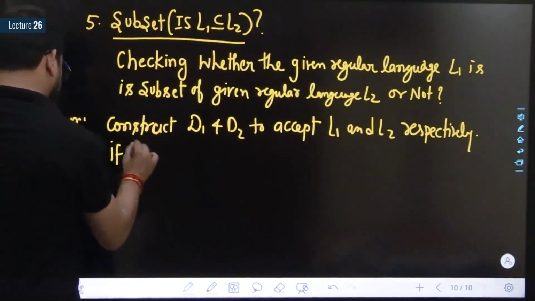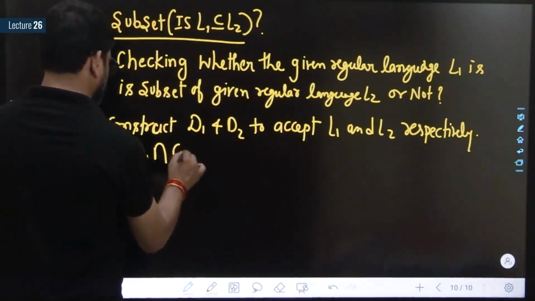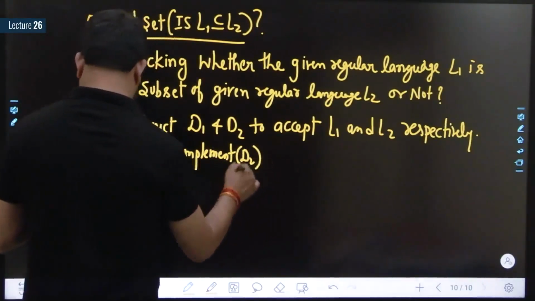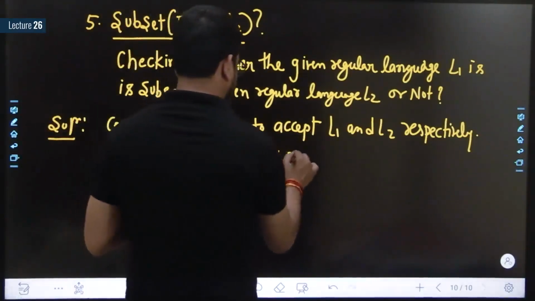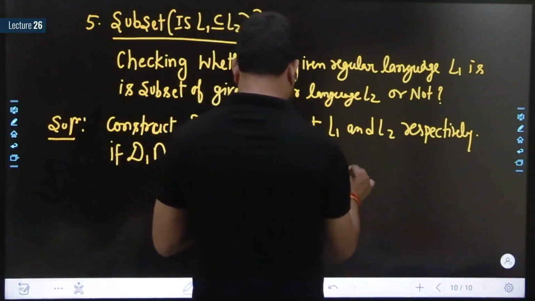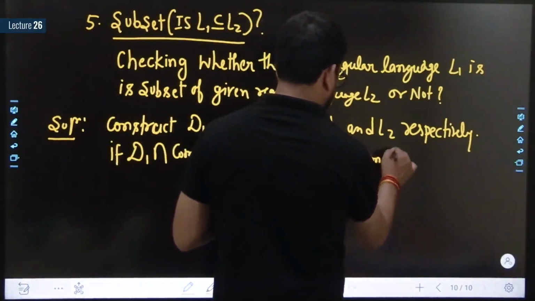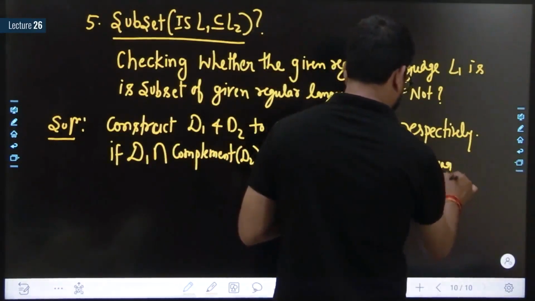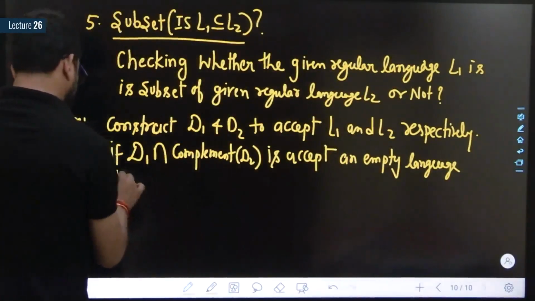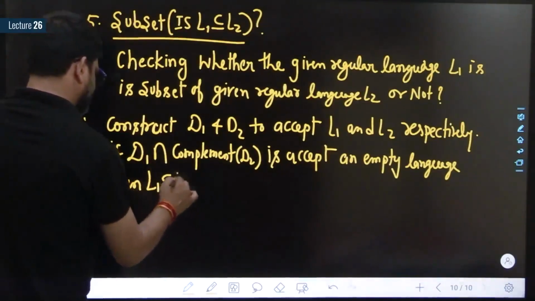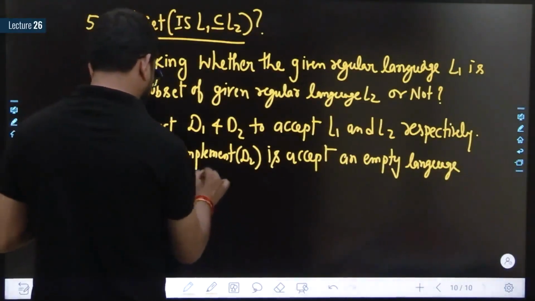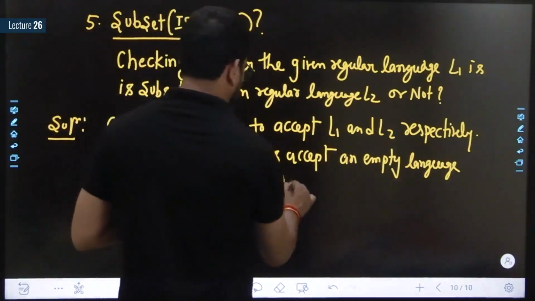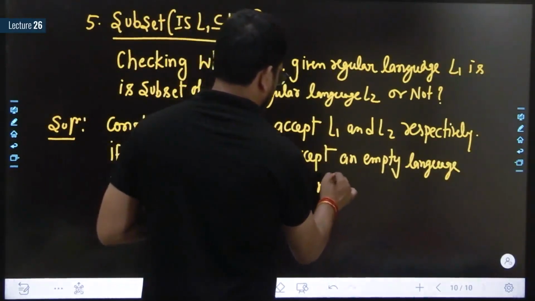If D1 intersect complement of D2 accepts an empty language, then L1 is a subset of L2, otherwise L1 is not a subset of L2.